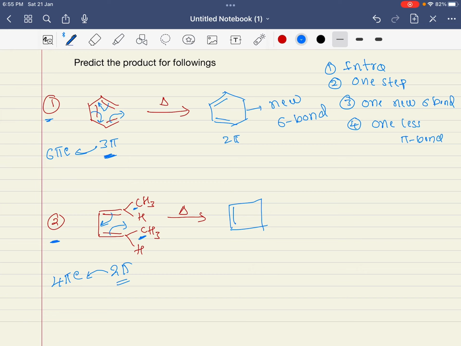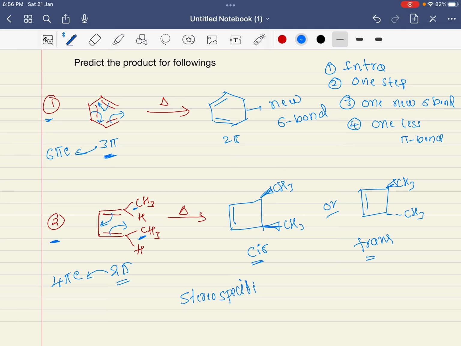The stereochemistry can be cis or trans. It may be cis or it may be trans. Both are not possible, because electrocyclic reactions, or any pericyclic reactions, are stereospecific reactions.